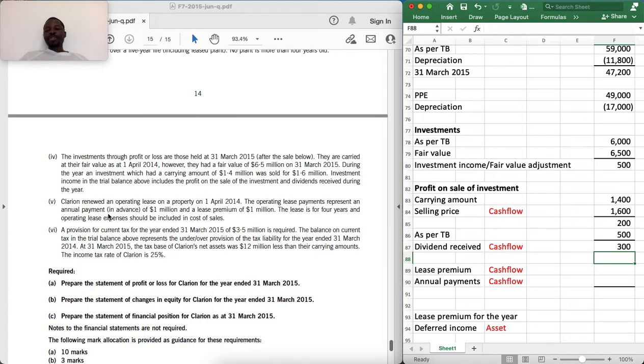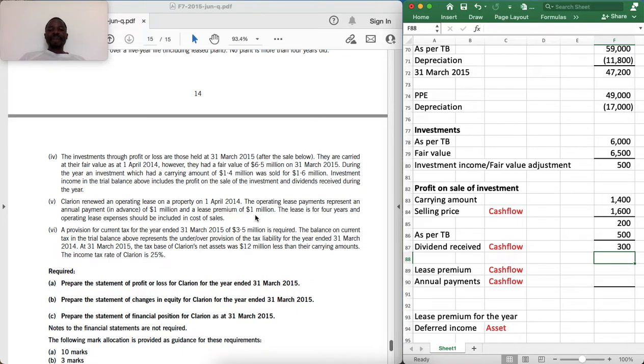Now let's move on to note number 5. Clarion renewed an operating lease on 1 April 2014, that is the beginning of the year. The operating lease payments represent an annual payment in advance of 1 million and a lease premium of 1 million.